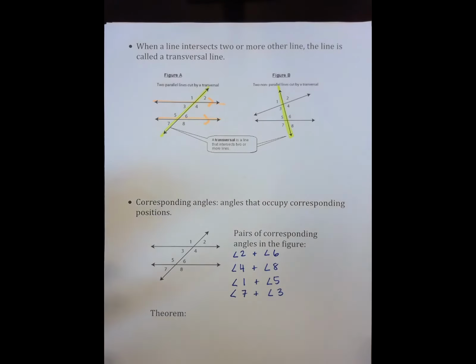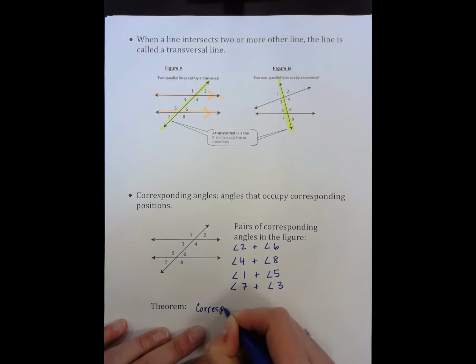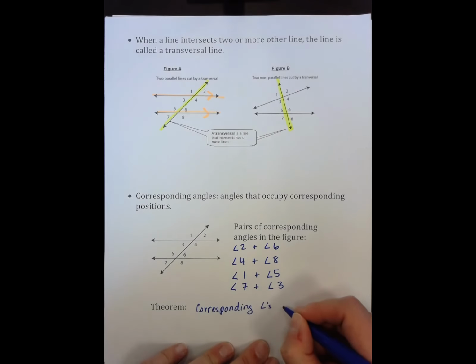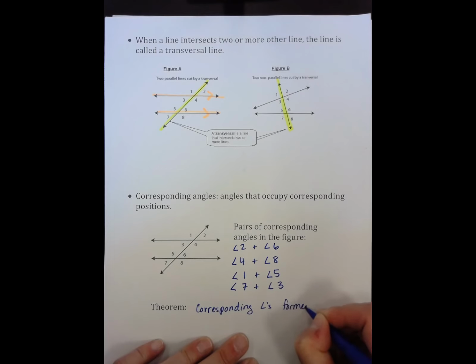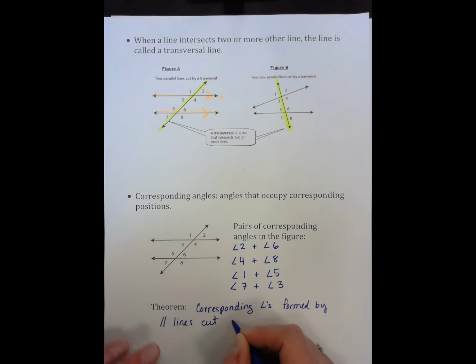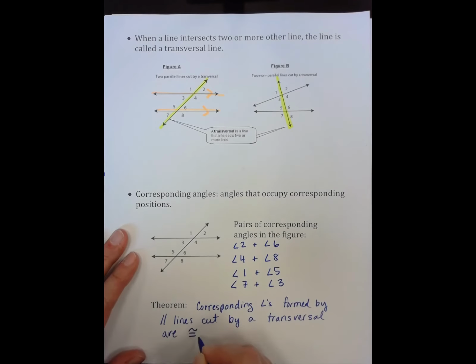And then we actually have a theorem that we've proven that says, sorry, let me just get my language exactly right. Corresponding angles formed by parallel lines cut by a transversal are congruent.